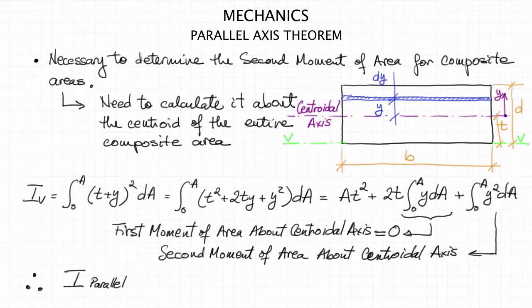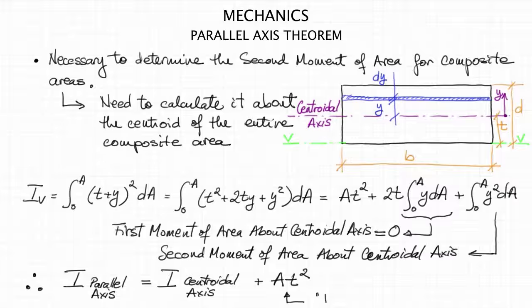Therefore, if we sum up everything, the second moment of area about the parallel axis to the centroidal axis equals the second moment of area calculated about the centroidal axis plus A t squared. So the area of the element times the distance between the two axes squared. This is what is called a transfer term.